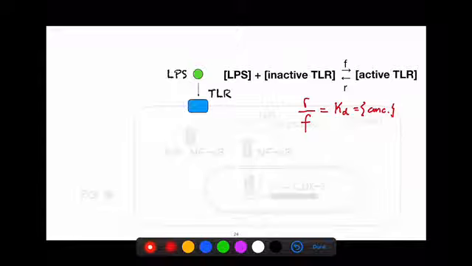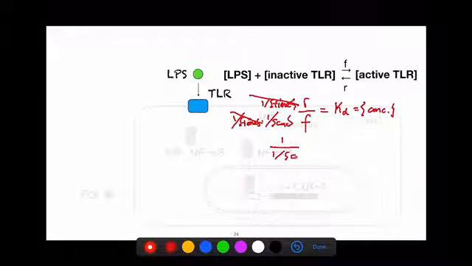And it makes sense because we already said that R will have a unit of 1/time. And F will have a unit of 1/time multiplied by 1/concentration. So these two can be cancelled out. And what happens is only 1/(1/concentration), which will be just concentration. So the left-hand side and right-hand side are consistent.